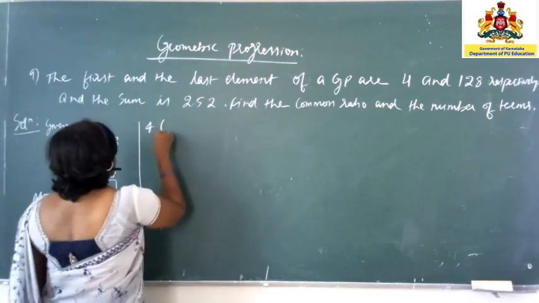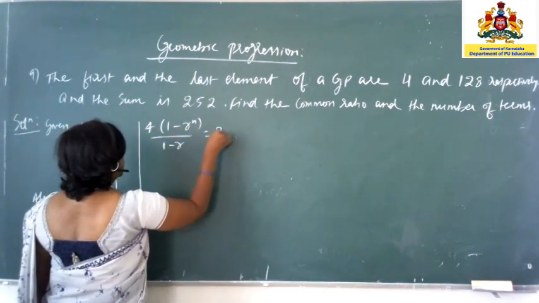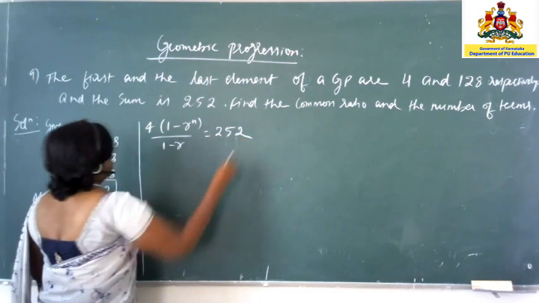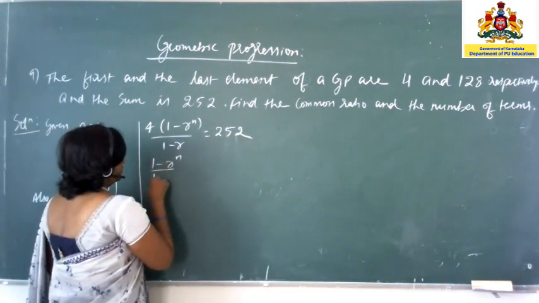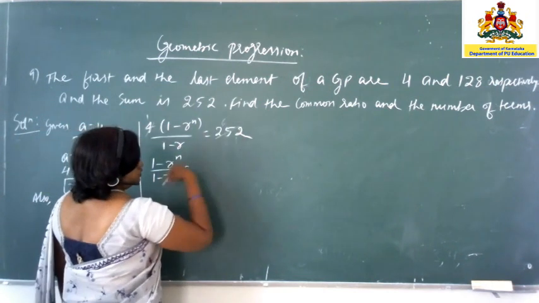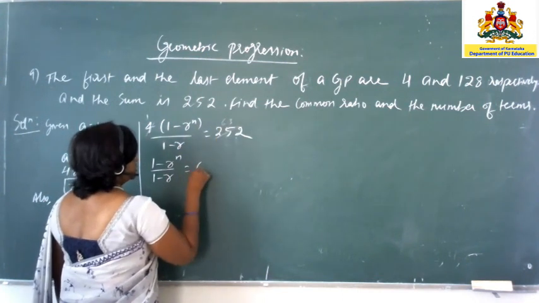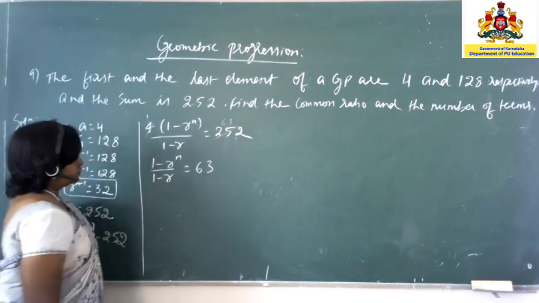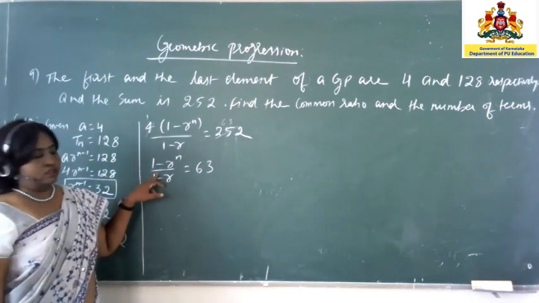So 4 into 1 minus r to the power of n by 1 minus r is equal to 252. So this becomes 1 minus r to the power of n by 1 minus r is equal to 63. So either I should eliminate r or n.